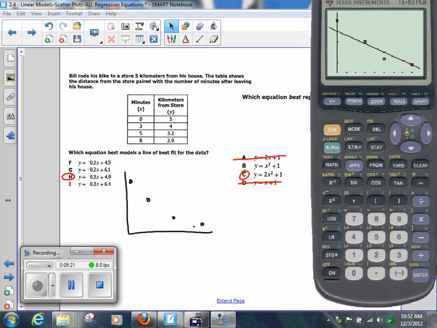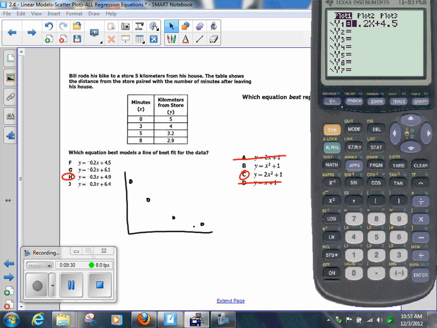All right, folks, this is kind of there. Let's look at the next one. I'm going to graph it with a heavier line just to see if it makes a difference. And let's go with negative 0.2x plus 6.1.